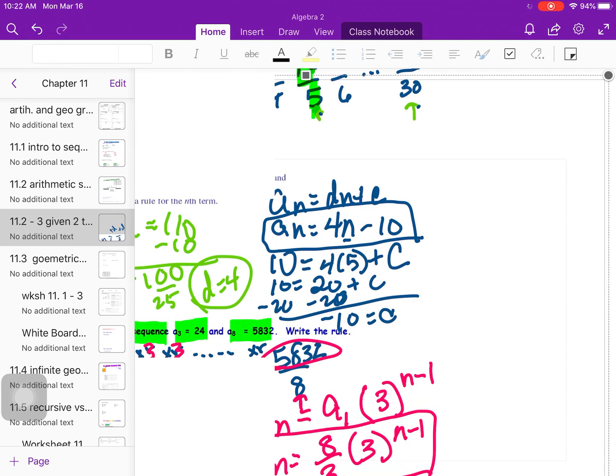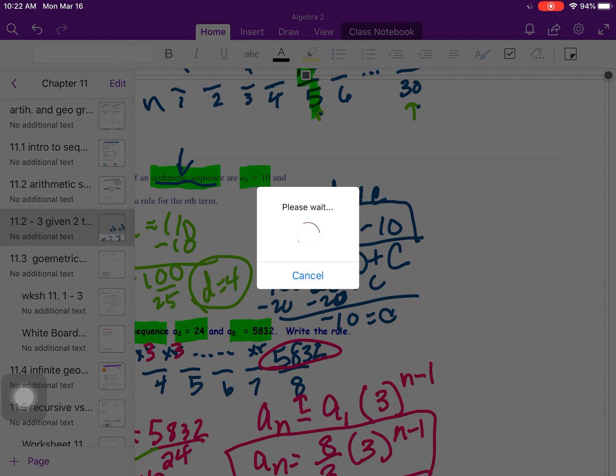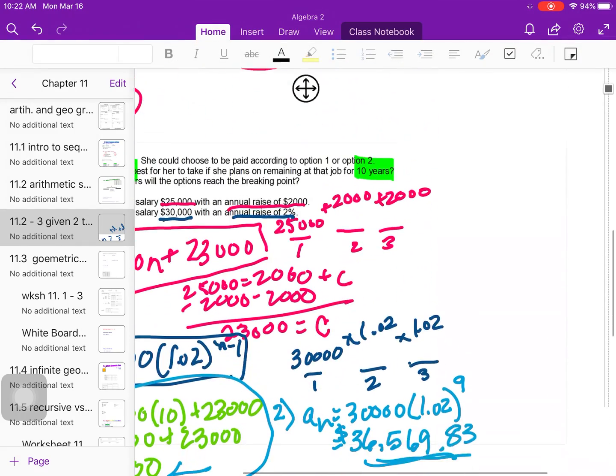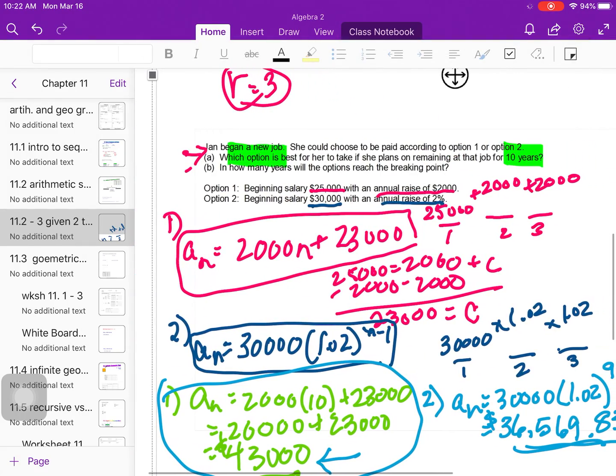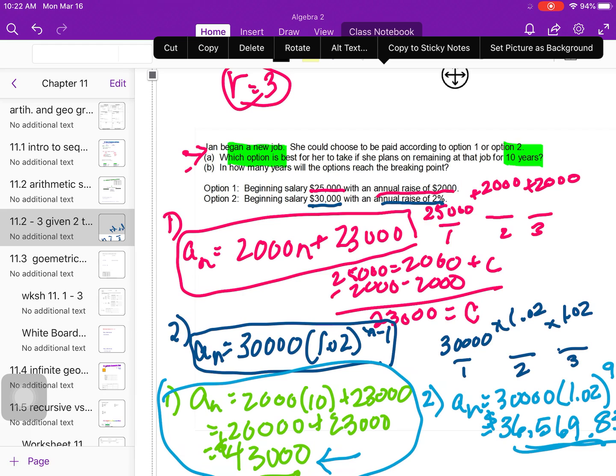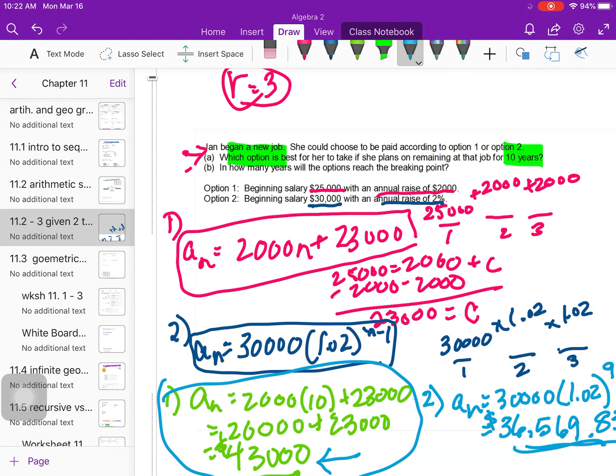Now, the second question asks, in how many years will she reach a breaking point? A breaking point is the intersection of the two graphs.